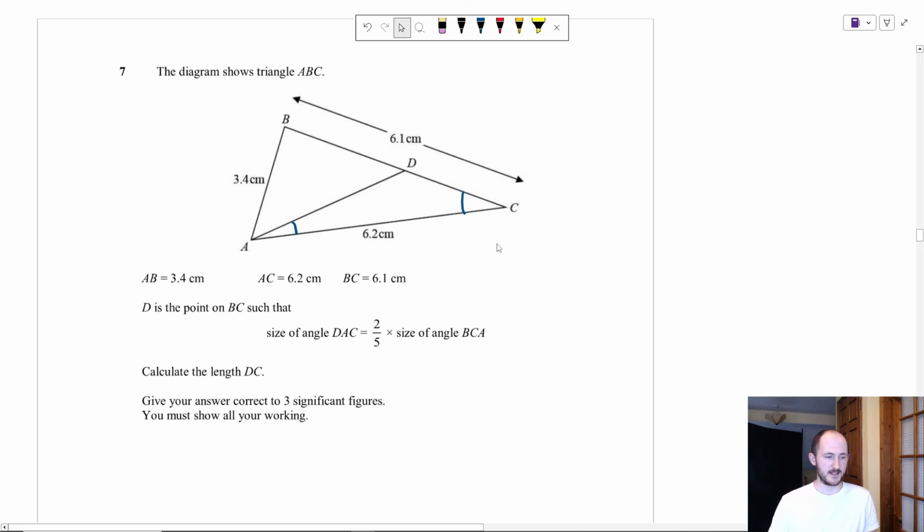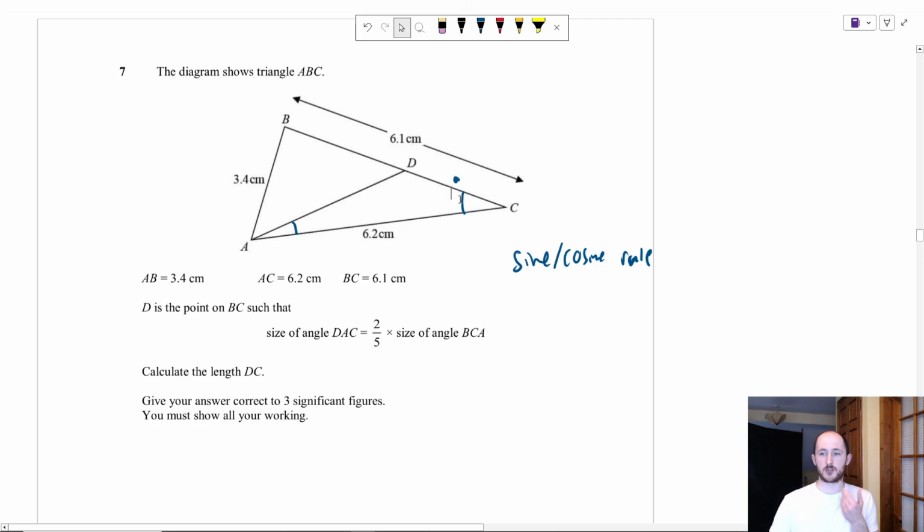Okay. So, to me, this is a sine/cosine rule question, right? Technically, the lowest this could appear is grade 6, because it doesn't appear in foundation. We're going to use the cosine rule first, yeah. I think we're going to use both, because they want me to work out the length of DC.